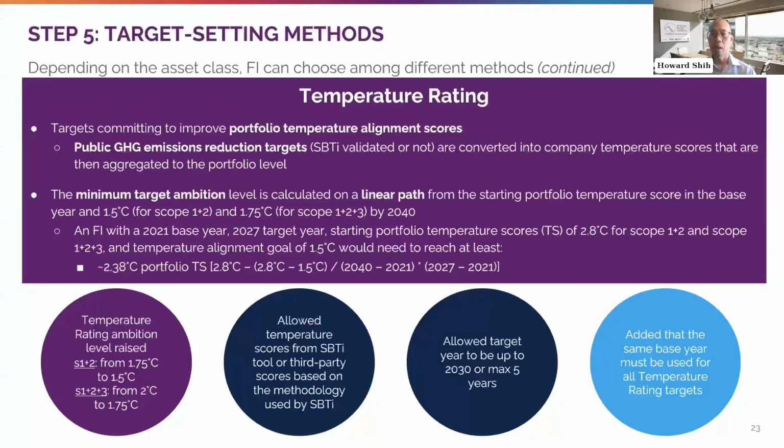If you're asking about portfolio coverage or temperature rating, Nate mentioned that we now allow target years of up to 2030 or within 5 years. So yeah, if you submit this year, portfolio coverage or temperature rating target, the target year can be 2030. Yeah, so hopefully that answers.